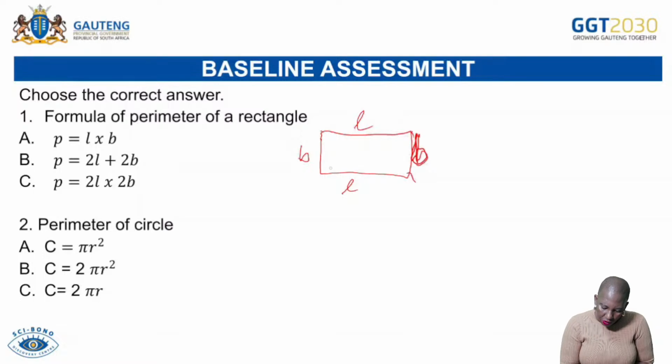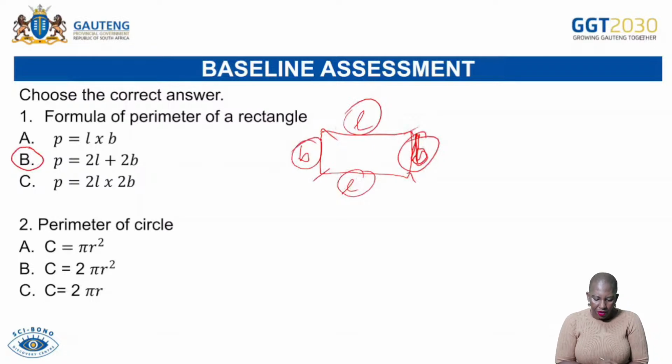I'm not going to go in detail, but the correct answer for number 1 will be B, whereby we say perimeter is twice the length plus twice the breadth. That is the answer. So we say perimeter is twice the length plus twice the what? The breadth.